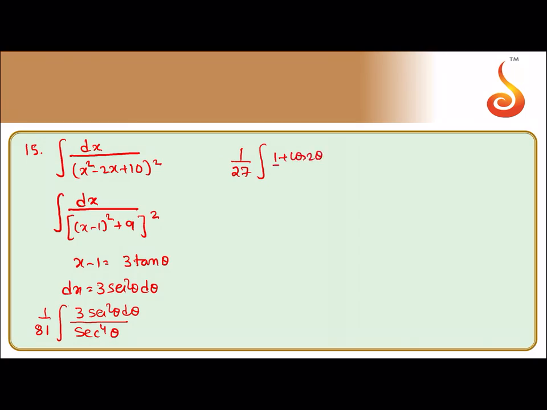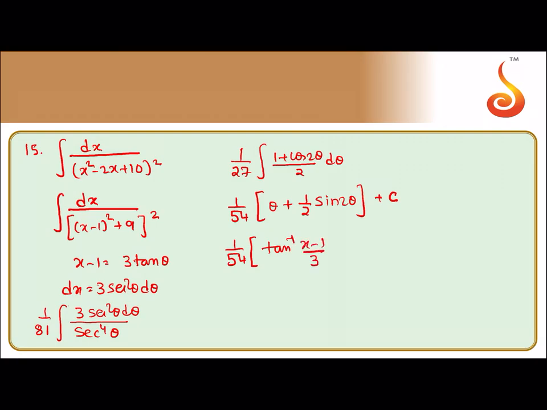So finally we get 1 by 27 integral cos square theta, which can be written as 1 plus cos 2 theta by 2 d theta. This is 1 by 54. Integral will give you theta plus 1 by 2 sine 2 theta plus c. So this can again be written as 1 by 54.